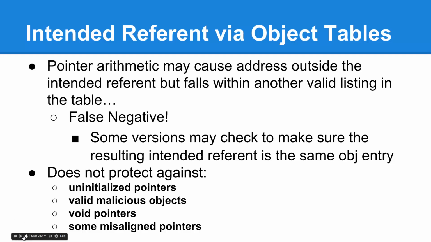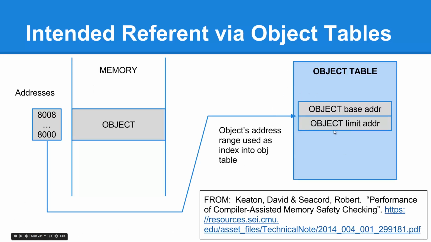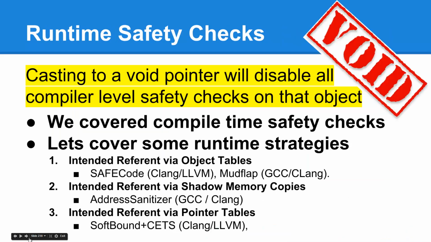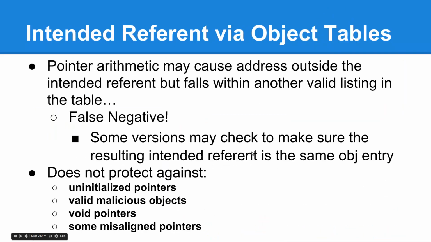There's also cases where pointer arithmetic, like having an array, will fail in this scheme, or may cause false negatives when it happens to be multiple objects back to back, say like in a vtable, and you escape the object or go past it to access another one. Some versions, however, of I think it is, let's go back, Safecode implement that correctly, as I believe.